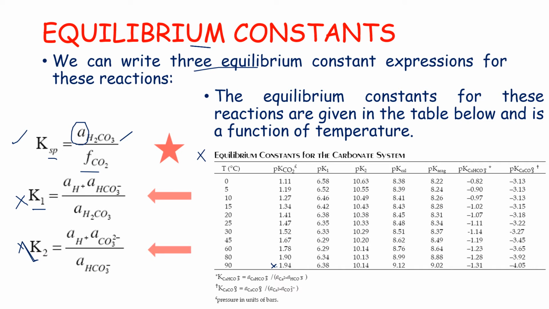So if you look at the pK for calcite versus aragonite, the pK for calcite is 8.3, increasing all the way to 9.1. That for aragonite starts from 8.2 and goes all the way to 9.02. So in essence, this table tells us that this whole chemistry or equilibrium constants keep changing as a function of temperature.